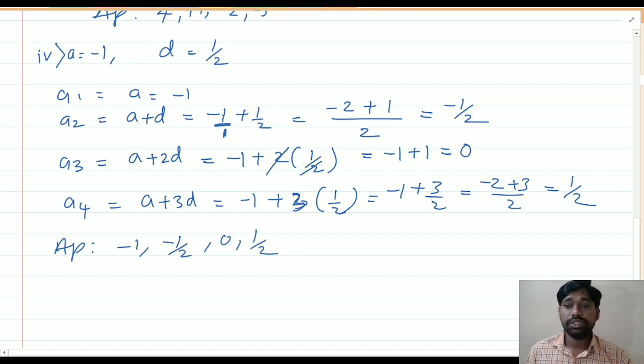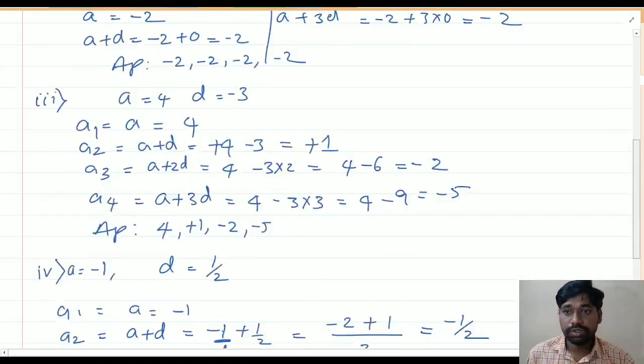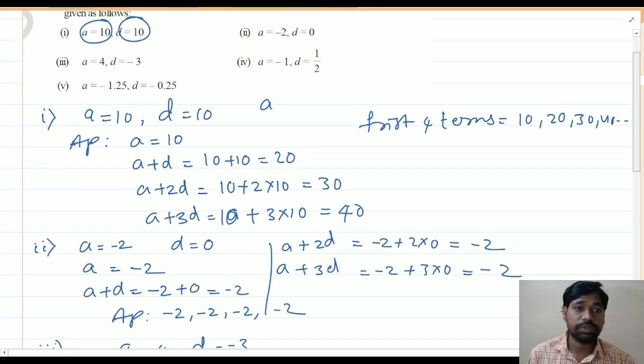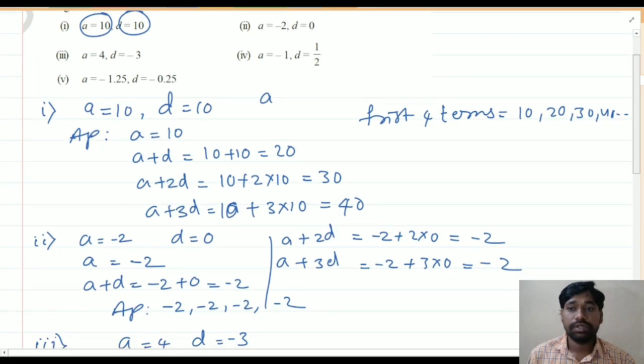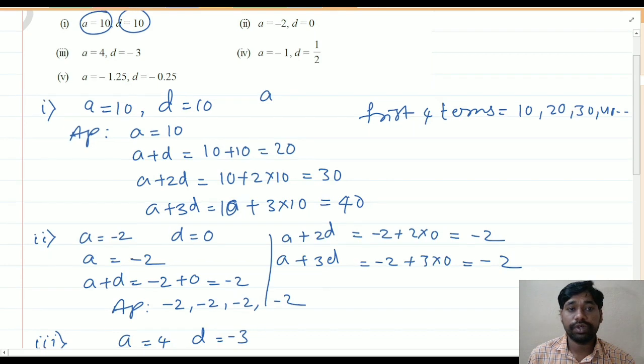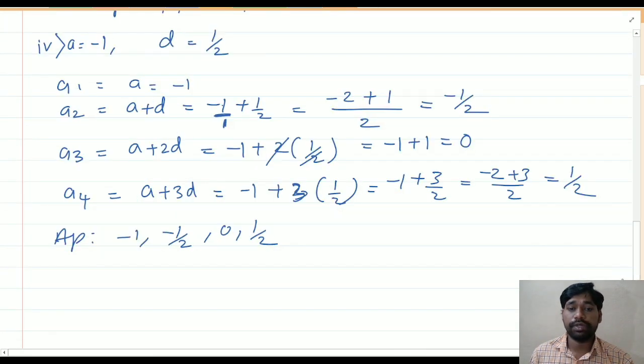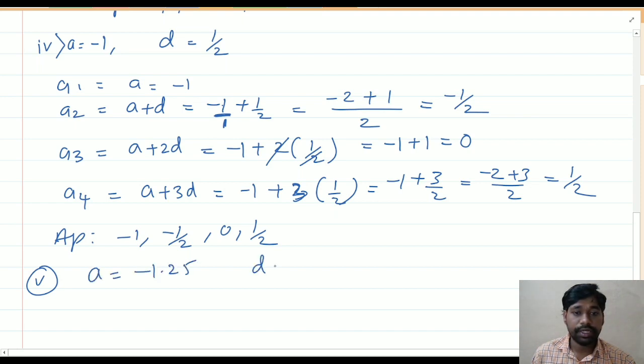Okay my dear students, I hope you understood the last question with the decimals. Now the fifth one: A is equal to minus 1.25 and D is equal to minus 0.25. Is the minus sign there or not?